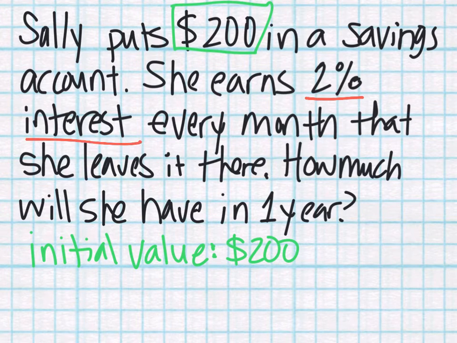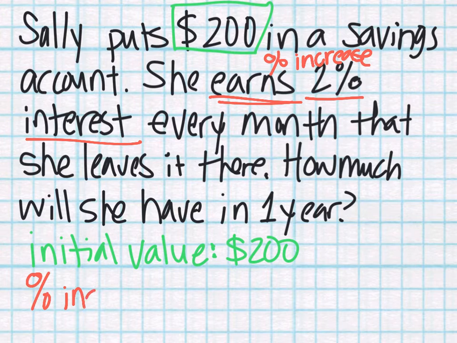And she's earning it. Earning means you are getting more money. So this is percent increase. So this is a positive rate of change. So our percent increase is 2%.